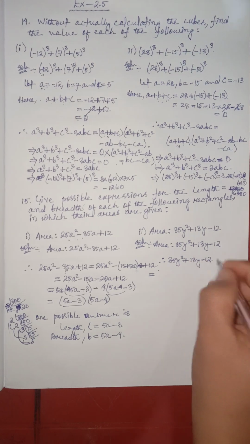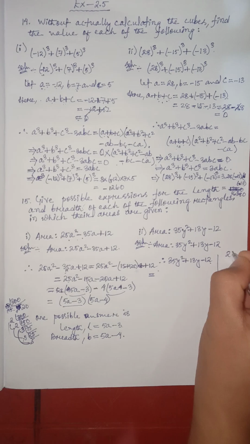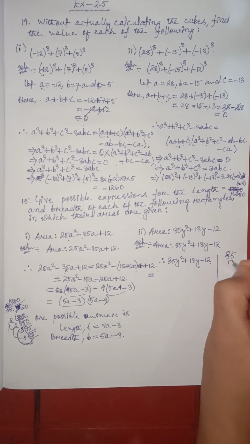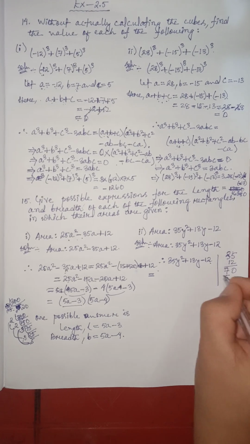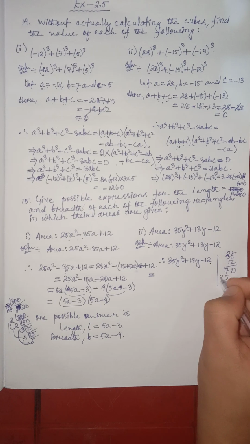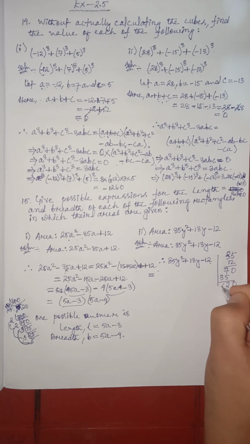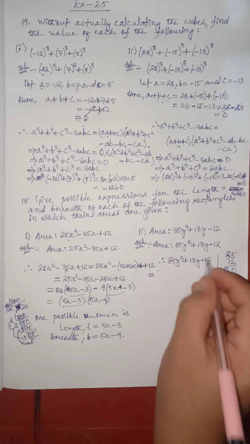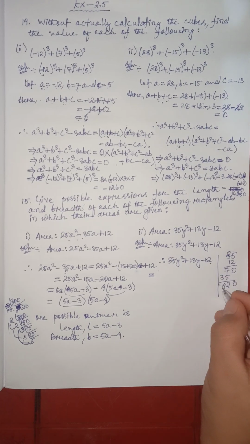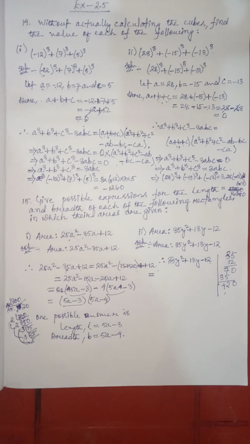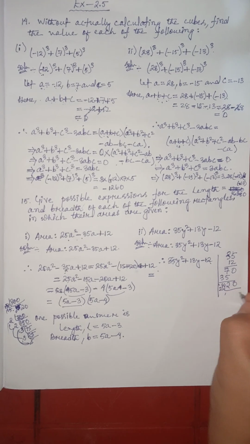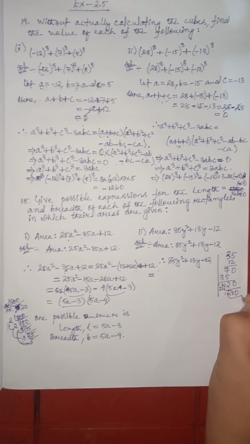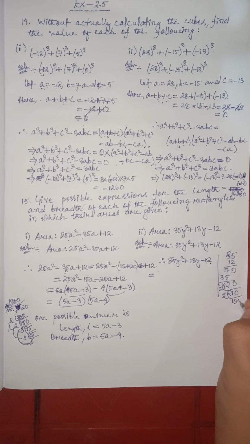Now if you multiply these two, let us check this, 35 into 12. It will be 420, right? Now if you get 420, then take the LCM of this 420. 2 into 210, and 2 into 105.